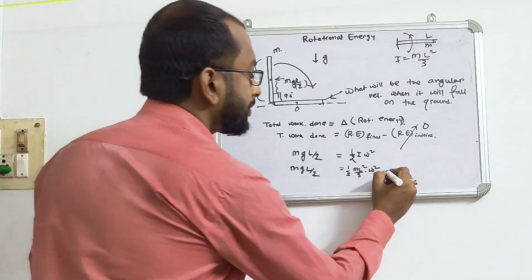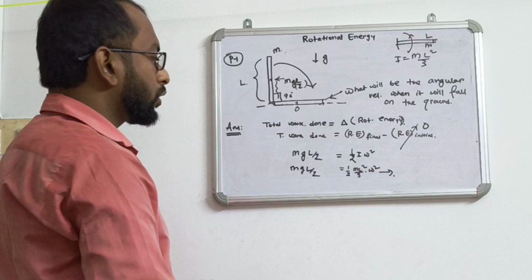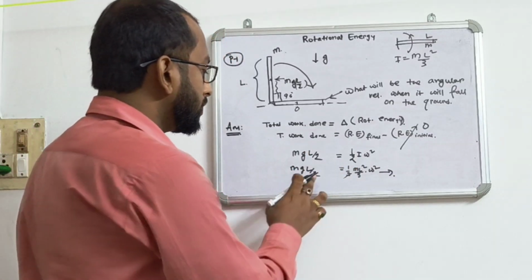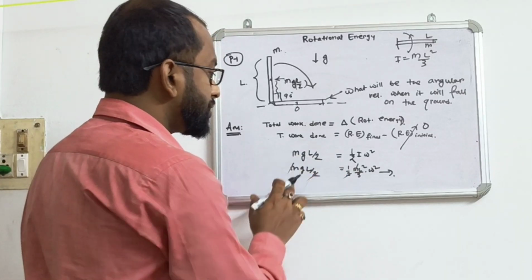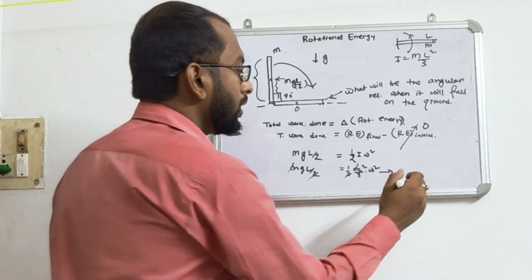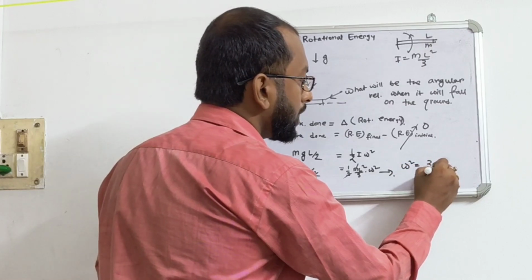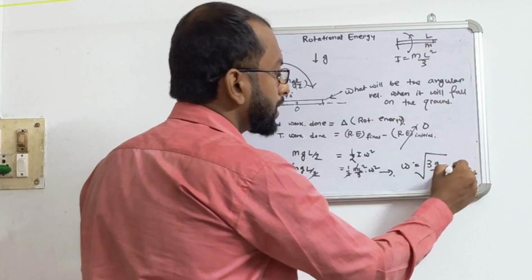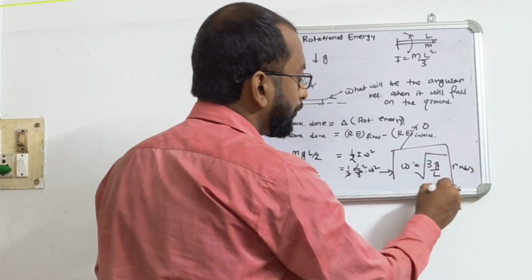From this relation we can find omega. The 2 will cancel, m will cancel on both sides, so omega square is 3g by L. So omega will be root over 3g by L radian per second, which is the angular velocity of the rod when it hits the ground.